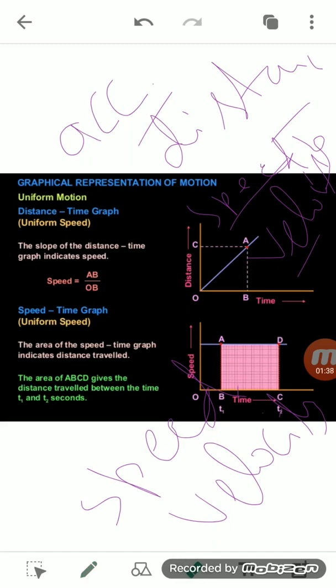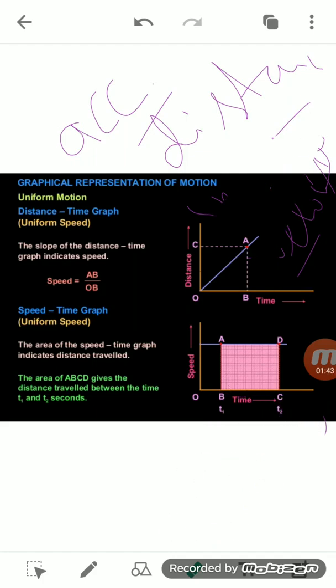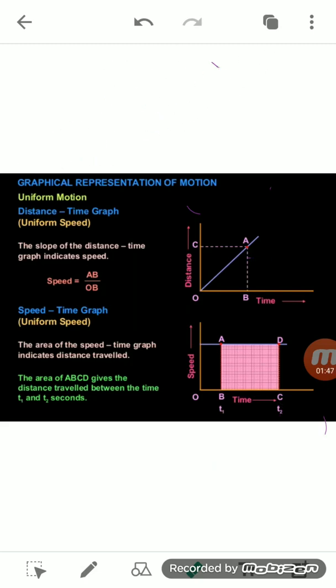In the examination also you see the two terms used separately, but in graphs, if it is a velocity time graph or a speed time graph, it means both are the same.